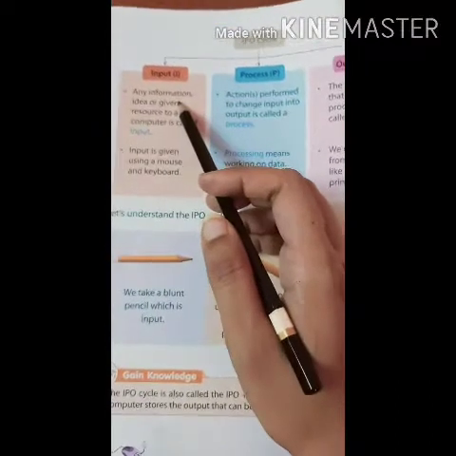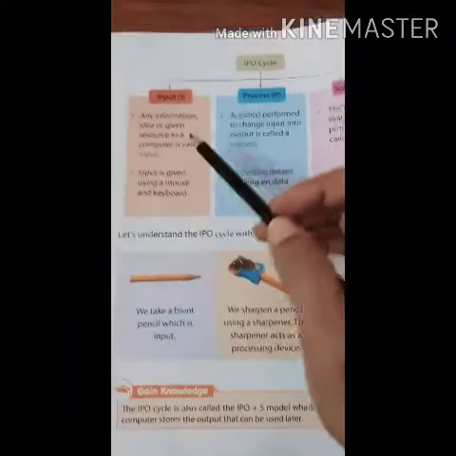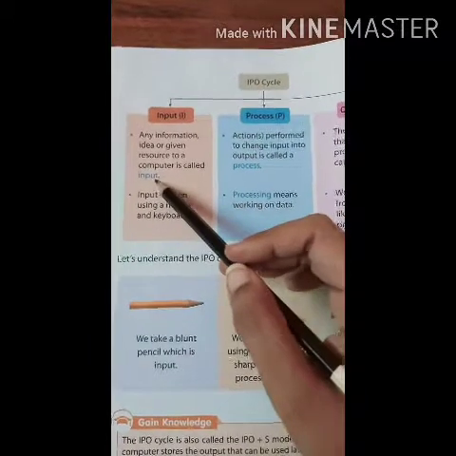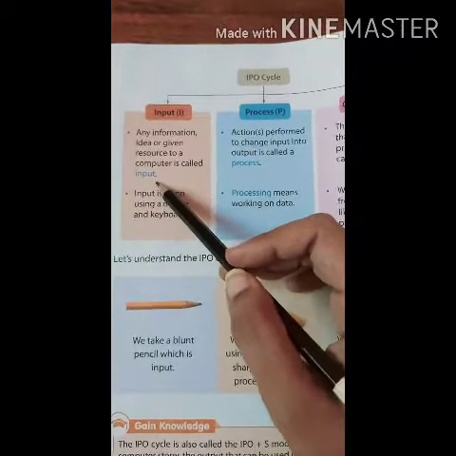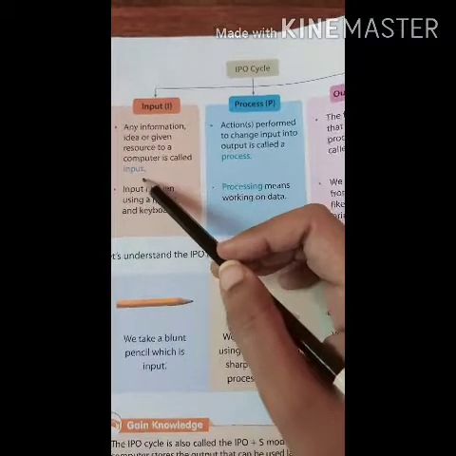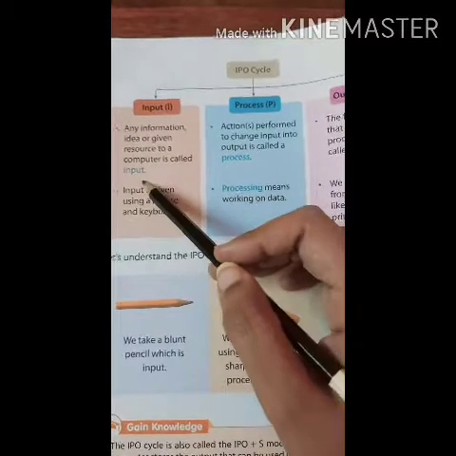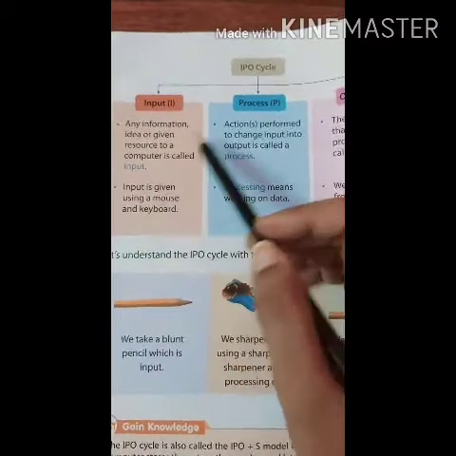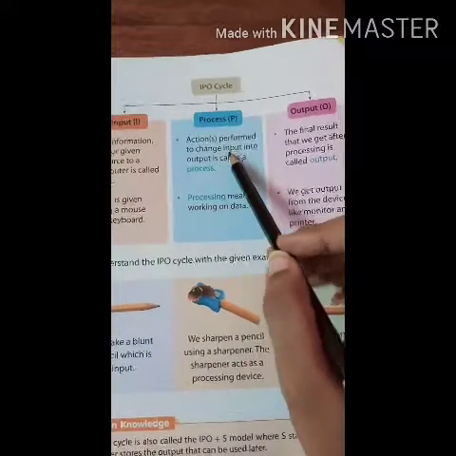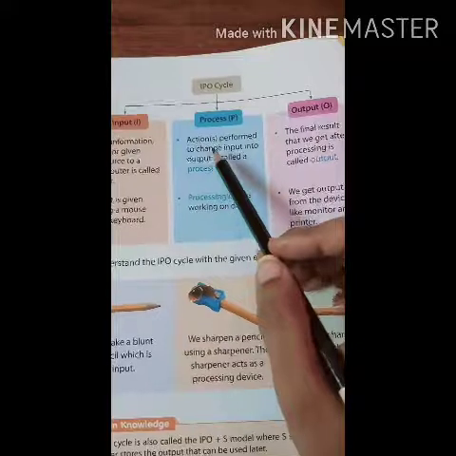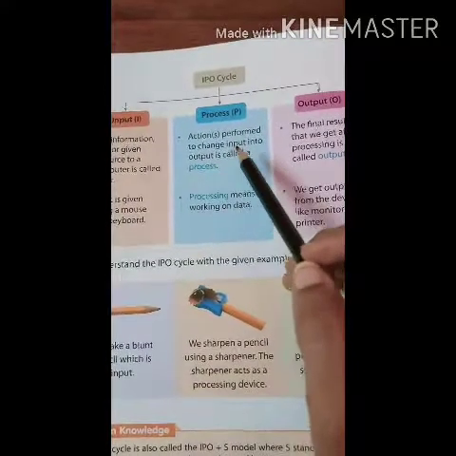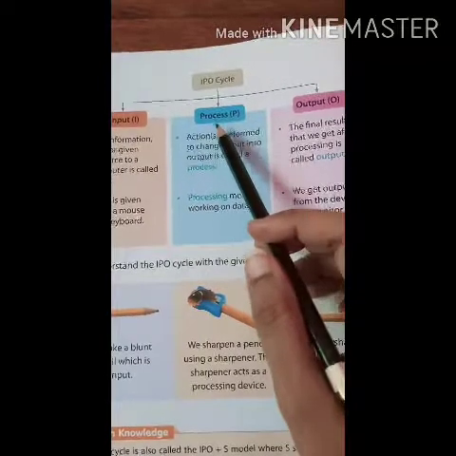Any information, idea, or given resource to a computer is called input. जो भी information हम कंप्यूटर को देते हैं, वॉट एवर द इंफॉर्मेशन वी आर गिविंग, दैट इज द इनपुट. नेक्स्ट इज एक्शन परफॉर्म्ड टू चेंज इनपुट इनटू आउटपुट, एंड उसके बाद जो वो प्रोसेस करता है, दैट इज कॉल्ड द प्रोसेसिंग.